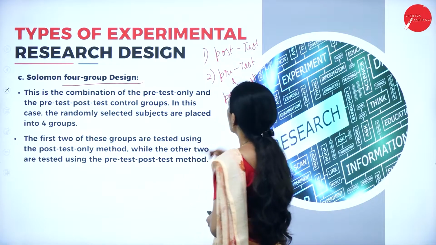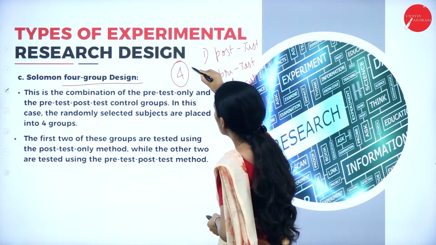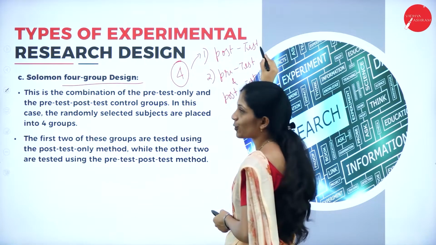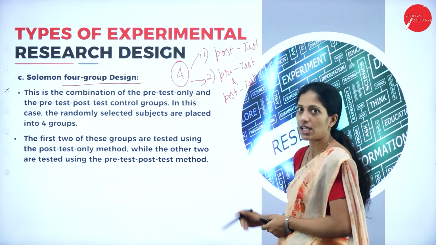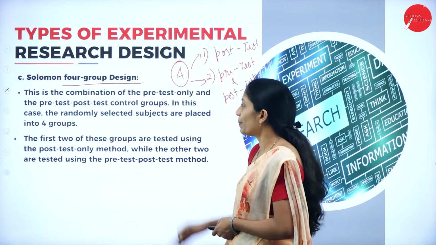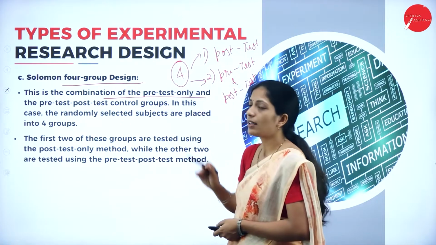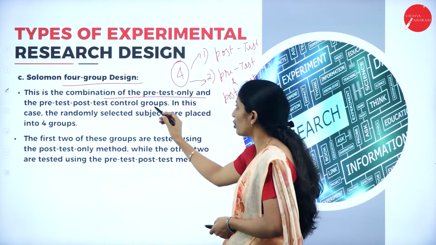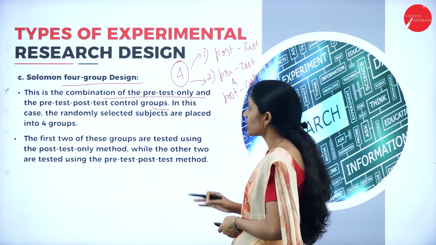Now, they are making 4 groups, out of which 2 will be tested with post-test and 2 groups will be tested with pre-test and post-test together. That is known as the Solomon 4-group design. This is a combination of the post-test only and the pre-test post-test control group.